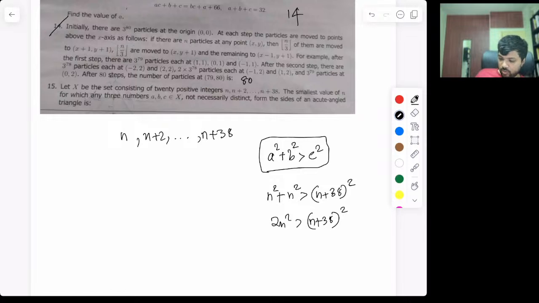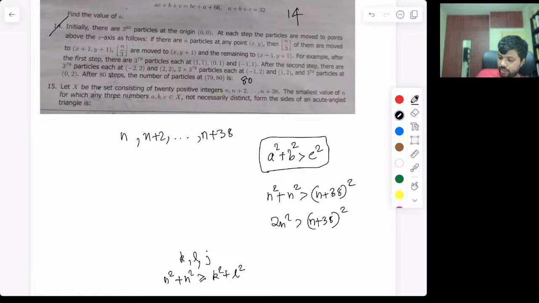I think you want a lower bound, and this is not a good idea. If n square plus n square is greater than n plus 38 square, then any other you pick will be greater, right? If you pick any k, l, j as 3 sides, n square plus n square is greater than or equal to k square plus l square, because k and l are between n and n plus 38.